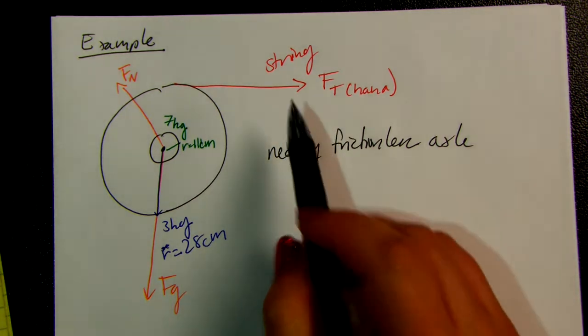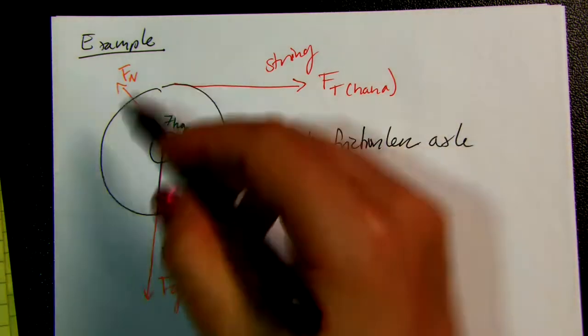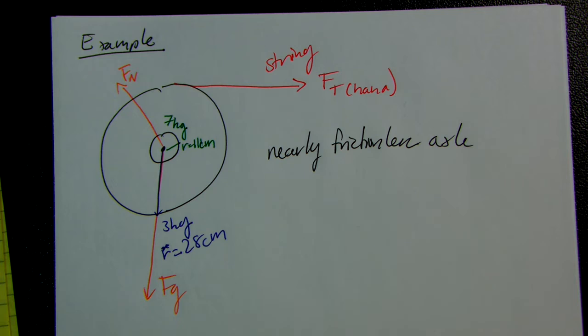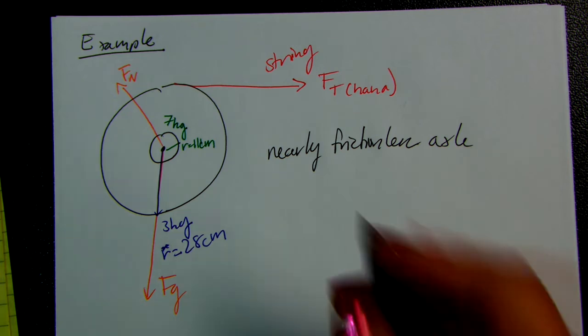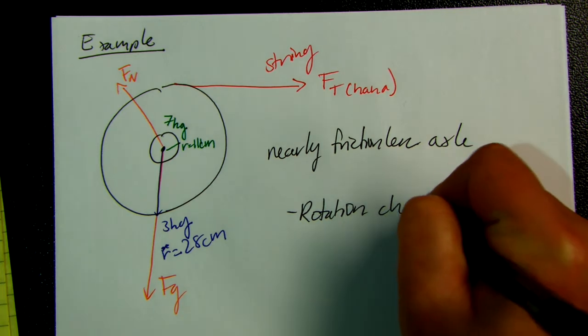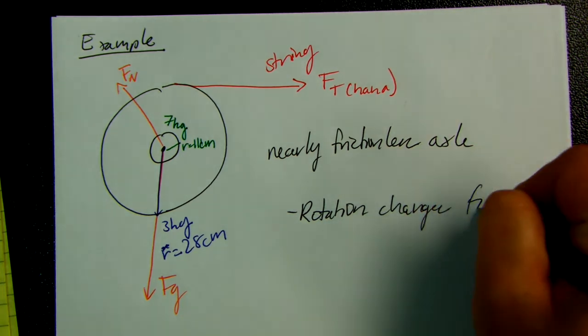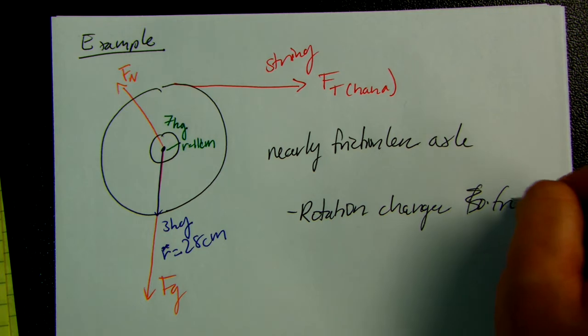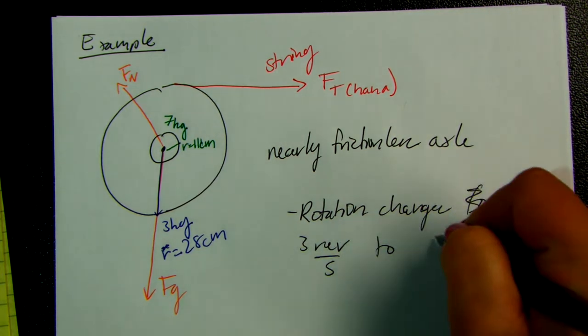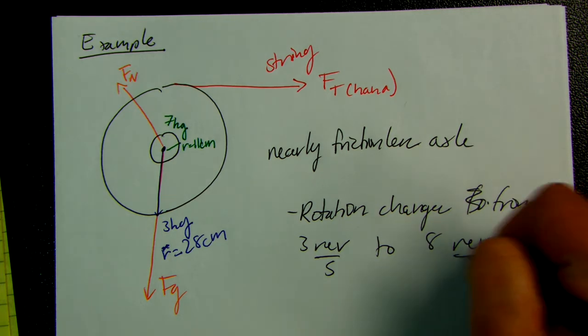Now we're pulling the string of negligible mass to make it spin. It's going to get faster and faster, increasing the rotational speed of the wheel. So the rotation changes from 3 revolutions per second to 8 revolutions per second.